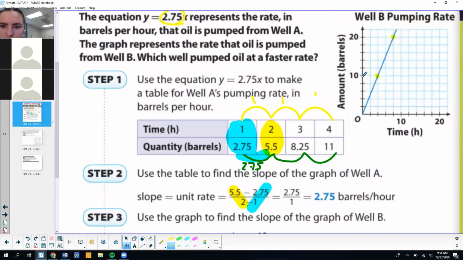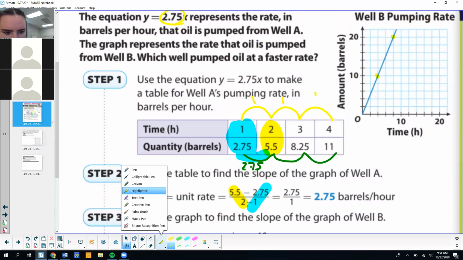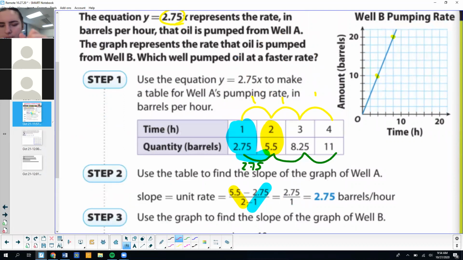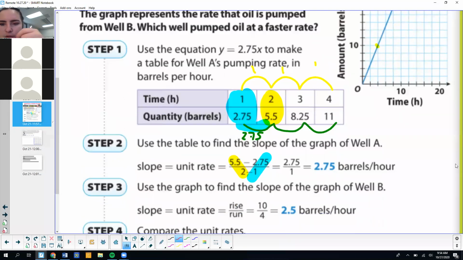All they want us to do is find the rise over the run. If we start down here at the origin, the rise is going to be 10: 2, 4, 6, 8, 10. The run is going to be 4.